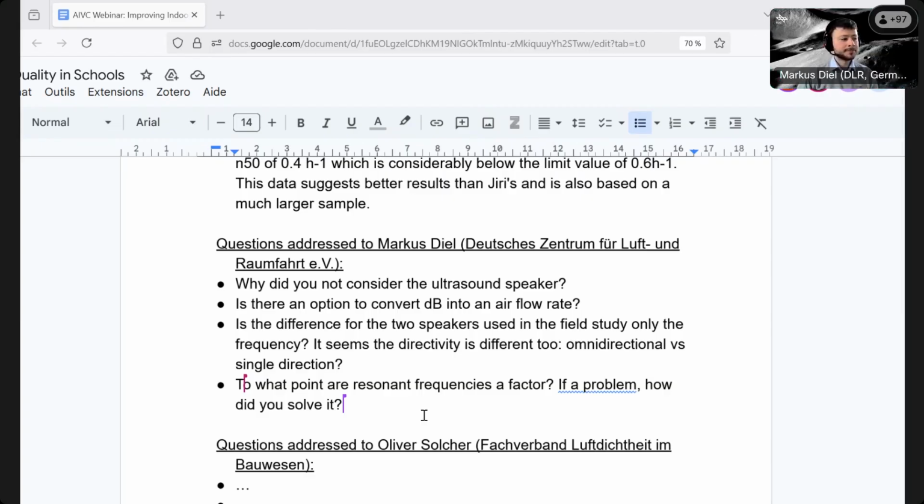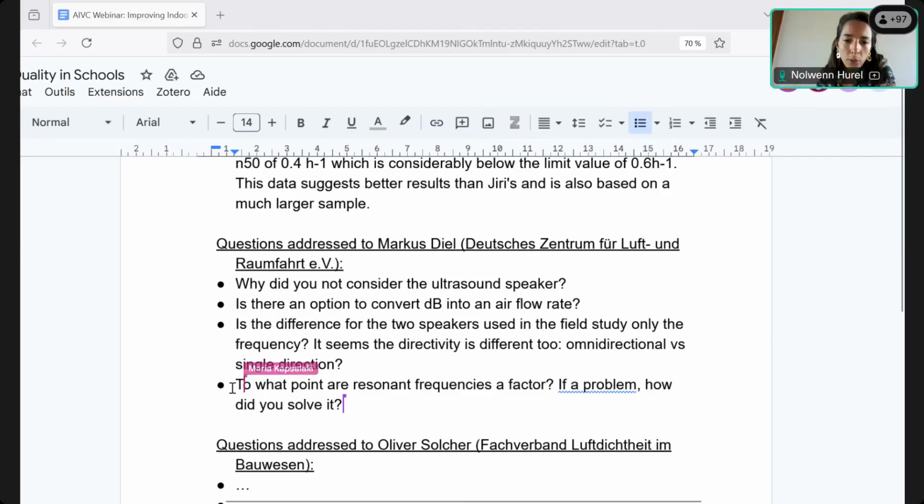At least in this case, I don't think it made that much of a difference, maybe it did, but when we did those measurements, we did not have a sound source that is omnidirectional and goes to such high frequencies. But it's something we're going to have a look at in other measurement campaigns, I guess.